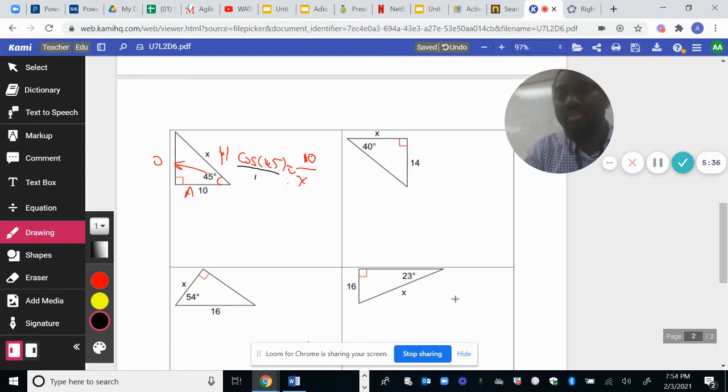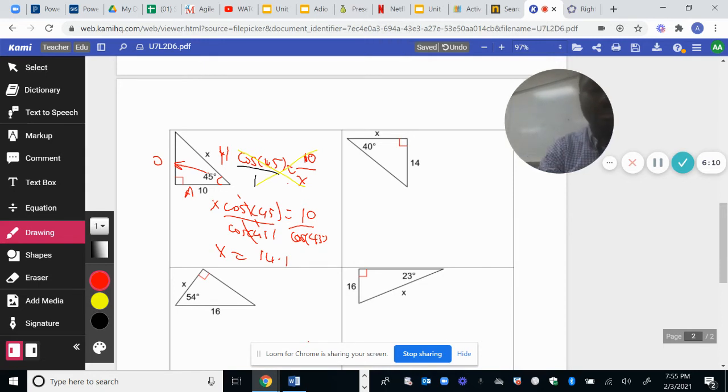You write cos over 1, then you cross multiply. You're going to have x times cosine of 45 equals 10 times 1, and then you divide both sides by cosine 45. You cancel this out, and x will be equal to 10 over cos 45. If you put it in your calculator, it gives you 14.1.